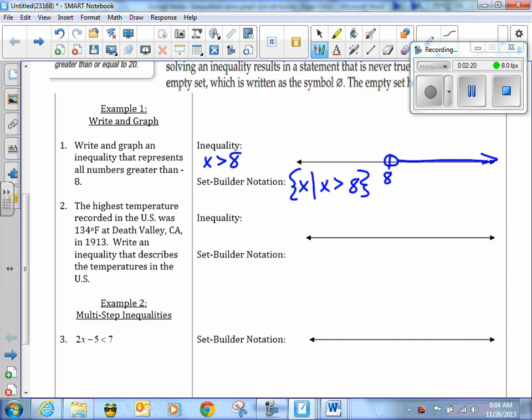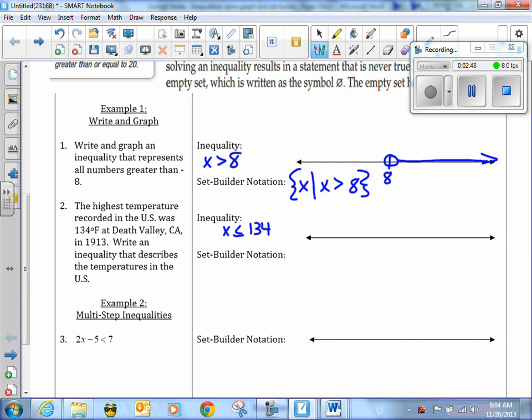The highest temperature recorded in the U.S. was 134 degrees Fahrenheit at Death Valley, California. Write an inequality that describes the temperature in the U.S. We would say that's the greatest it's going to be, so x would be less than or equal to 134, because it could equal 134, but it's not going to be greater than that because that's the highest there was.